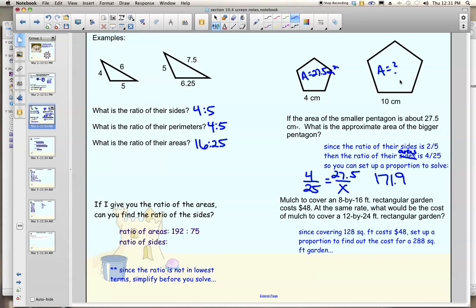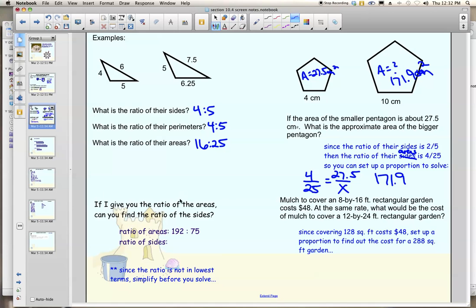So the area of the larger one would be 171.9 square units, or square centimeters actually. Okay, so you take the ratio of their sides, put it into the ratio of their areas by squaring them, and then use that ratio to find the missing area value.